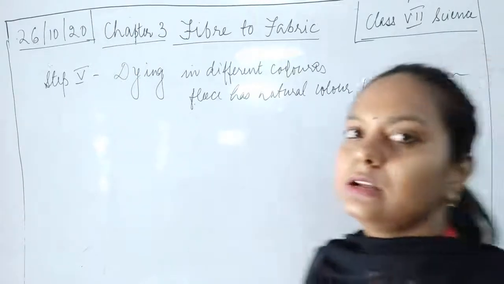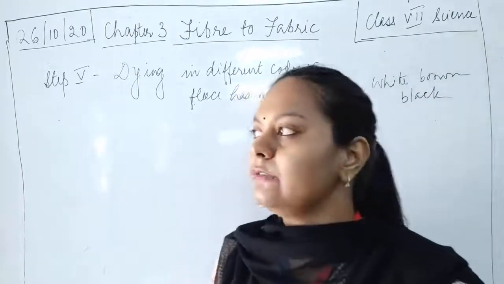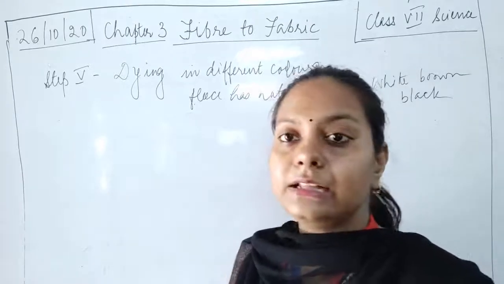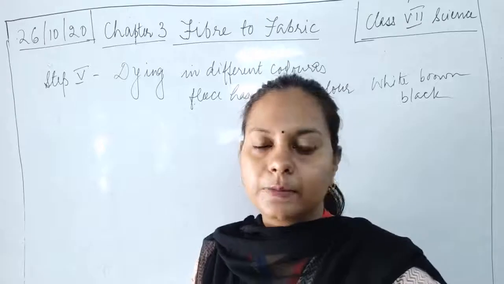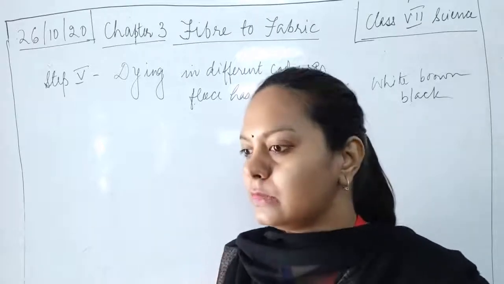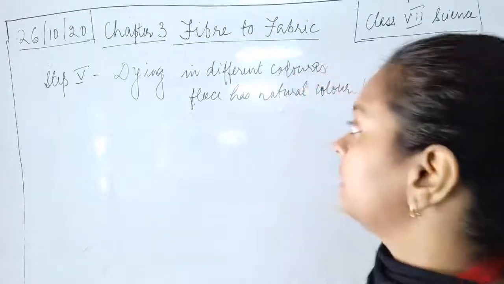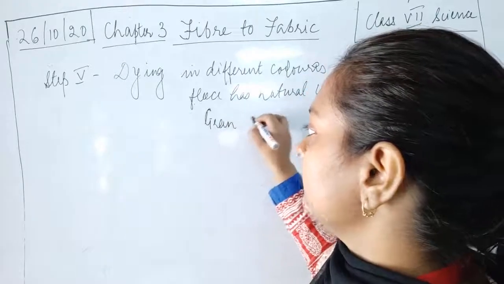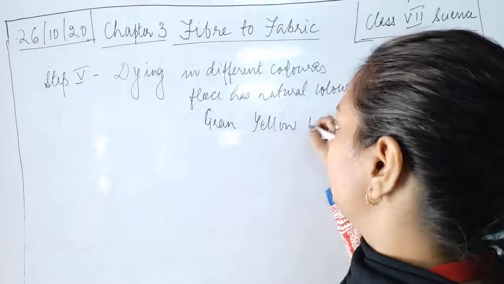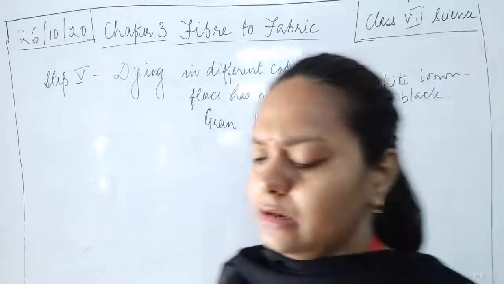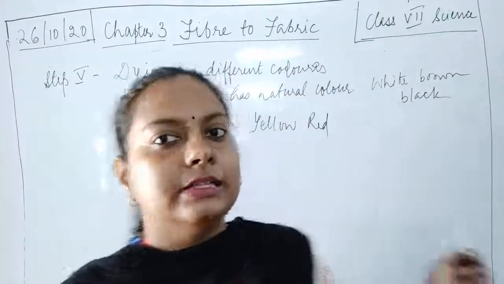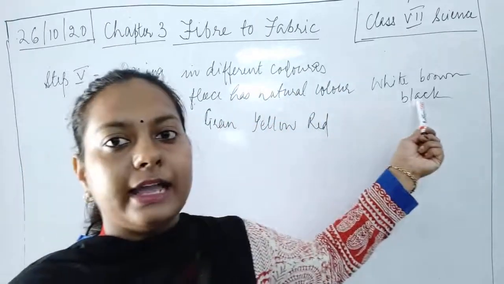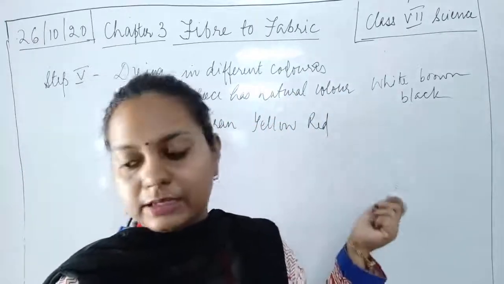So these are the three colors in which the fleece is obtained. But we can see that wool is of different colors, it could be green, yellow, red, orange, many colors. So how are these colors coming? These colors come because after removing the burrs, we are dyeing this wool into various colors.